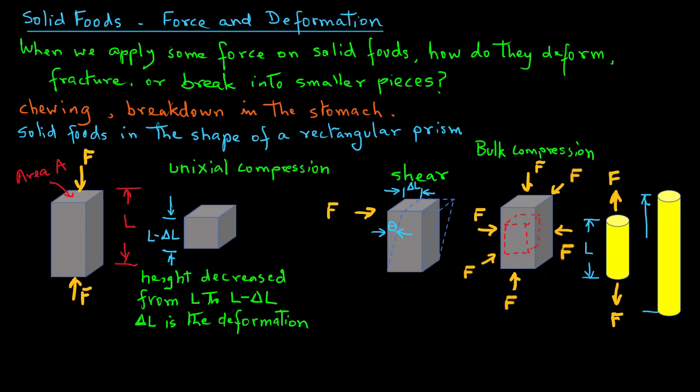So the length will increase to L plus delta L. So in this tutorial, we have looked at force and deformation. Now in the following tutorials, we will look at other terms that are important as we describe the behavior of a solid material when subjected to a force.